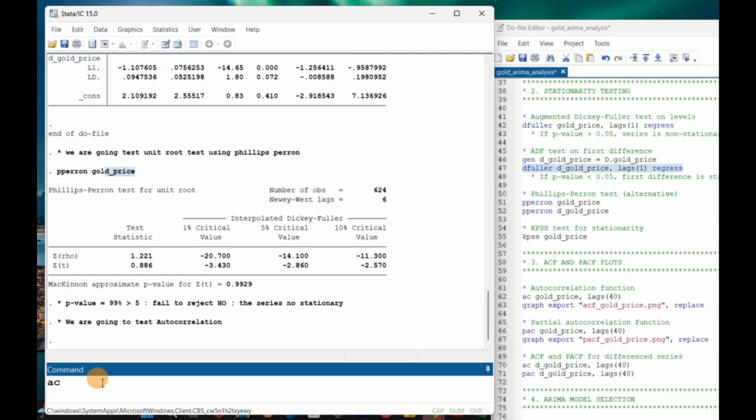First of all, just type the command. Then you need also to type for the partial, PAC, and then gold price. Yes, please. Why is it not working?